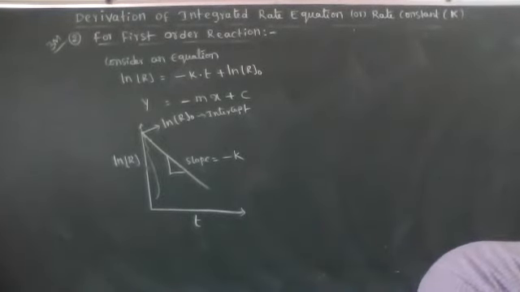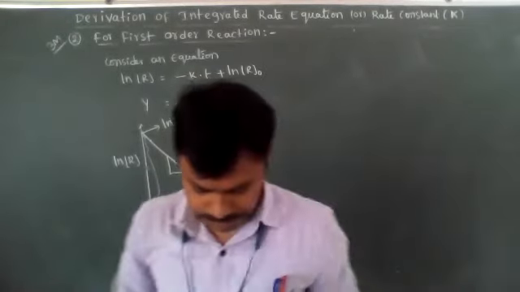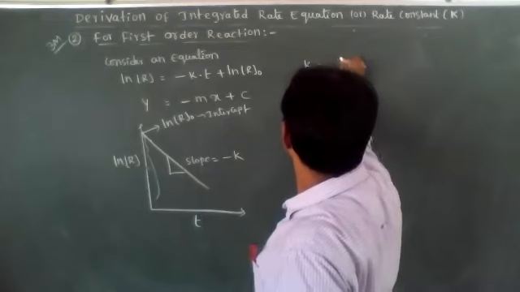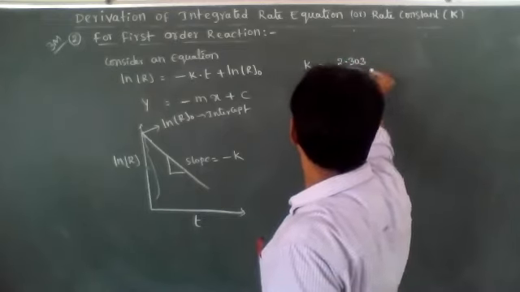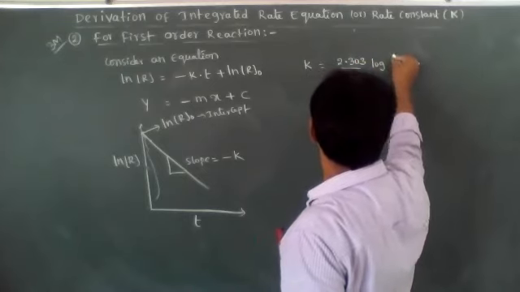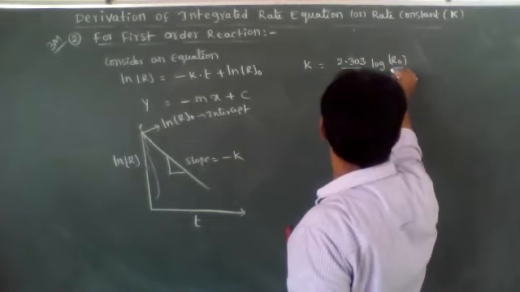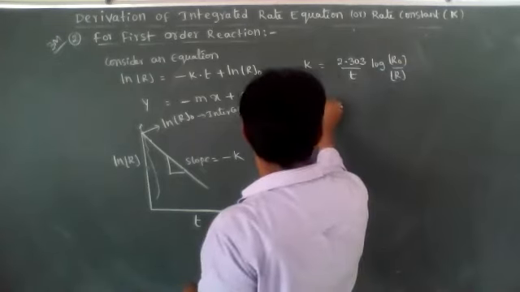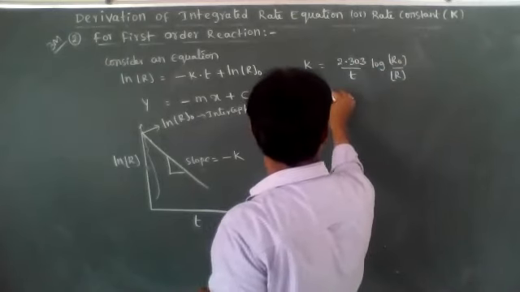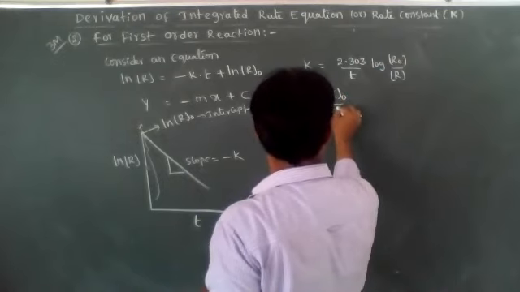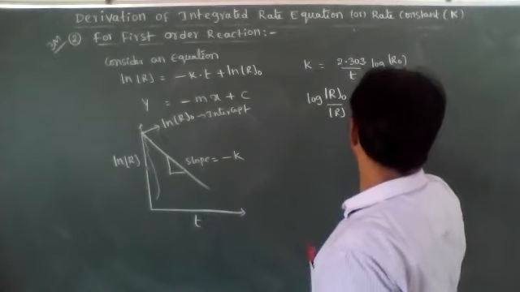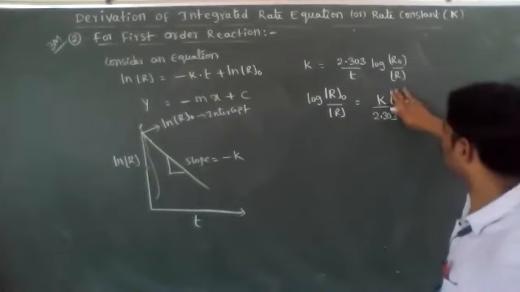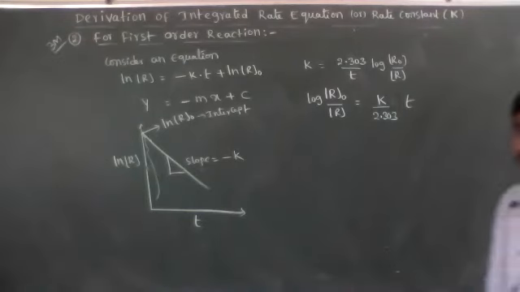Another graphical representation: k equals 2.303 by t into log R naught by R. From this equation, log R naught by R equals k by 2.303 into t.